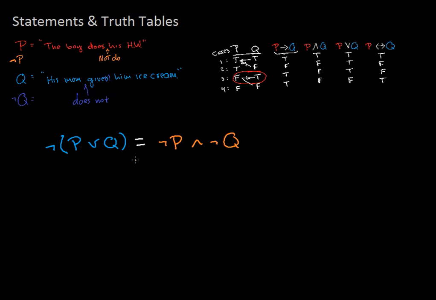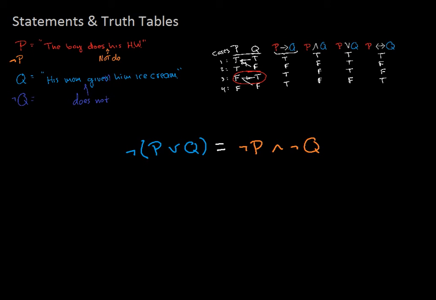So for not (P or Q), we're just going to build a truth table. Now, you don't always have to do this. It's just to get a solid understanding of how this works. After about maybe 10 or 12 hours of working with truth tables, you'll never need to work with them again, because this will all become second nature. So P and Q: true, true, false, false, true, false, true, false.